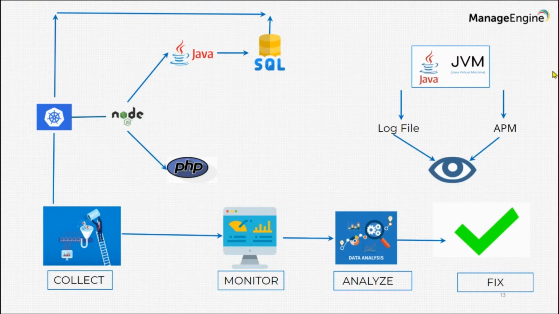Traditionally, to monitor a Java based application we can use log files, which requires human effort. One has to get the log files, which are multiple files from different sources, and analyze them to find what exceptions are occurring along with their stack traces, which is a time-consuming process, as I explained in the initial slide.